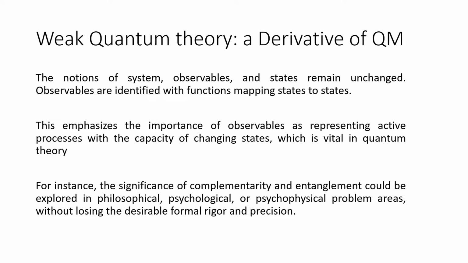For instance, the significance of complementarity and entanglement could be explored in philosophical, psychological, or even psychophysical problem areas without losing the desirable formal rigor and precision. With this notion, we take this opportunity to discuss weak quantum theory in cognitive sciences.